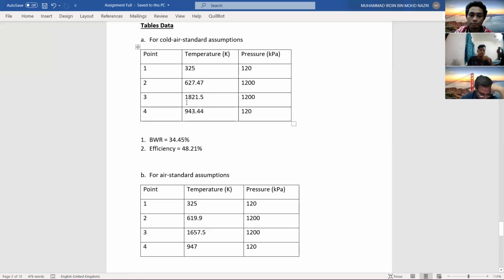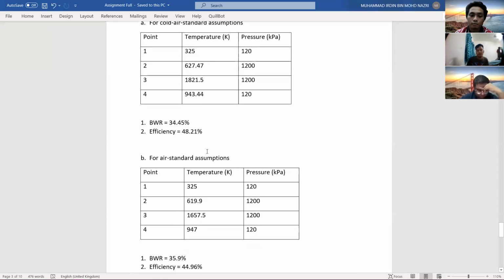For point three, the temperature is 1821.5 Kelvin and the pressure is the same as point two, which is 1200 kilopascal. For point four, the temperature is 943.44 Kelvin and the pressure is the same as point one, which is 120 kilopascal.